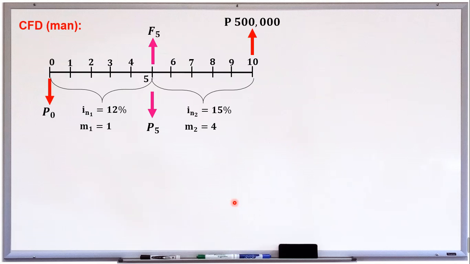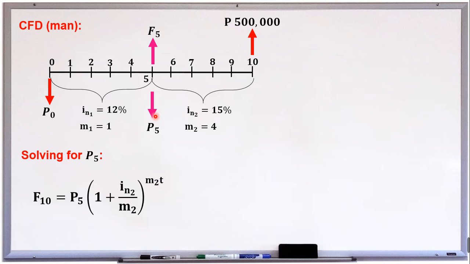Okay, so again, by using the cash flow diagram, the first step is to solve first the equivalent present worth of the 500,000 on the year 5. So we're going to use the general formula for compound interest.